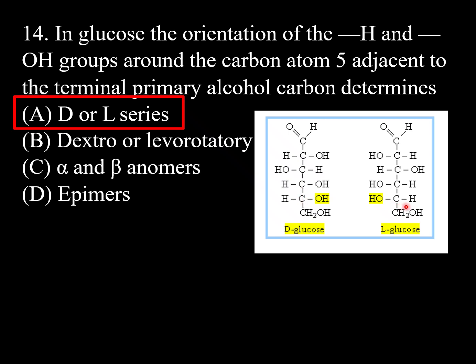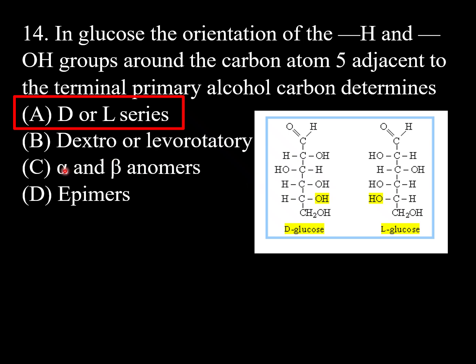If you see here, if the hydroxyl group is present on the right side, it is D glucose, and L for the left. So when the hydroxyl group orientation is on the left side, it will be the L form. So D when it is on the right side, and L form when it is on the left side. So the D and L series are known by the orientation of the hydrogen and hydroxyl group at carbon atom 5. The right option is A.